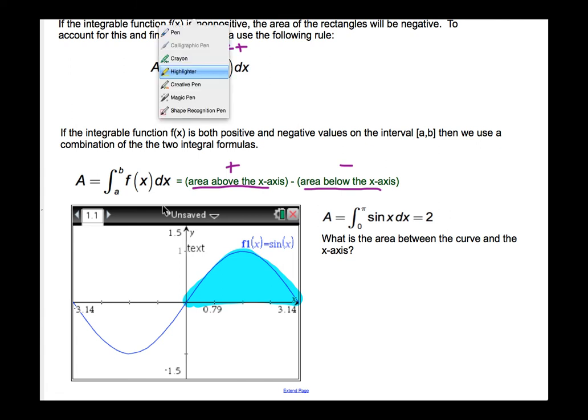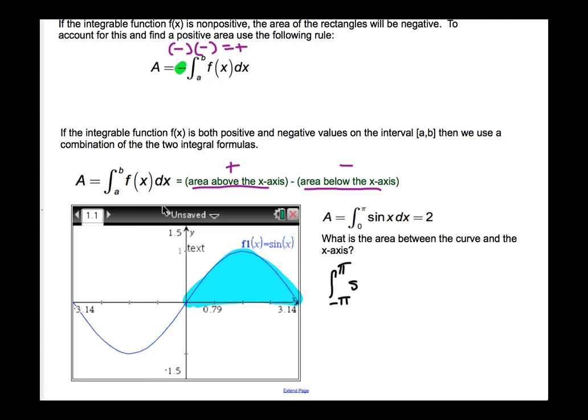So if we look at something like, take the same integral, okay, and we go from negative pi to pi of sine x dx. The question is, what does that equal? And to answer that question, we look at this area right here, which we were told is 2. This area right here is the same shape, so it's going to be -2.